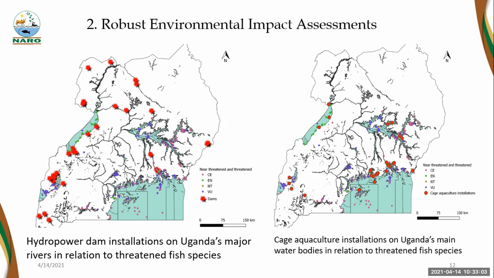So if there is any project, for instance, that is proposed along the major freshwater systems, we can easily guide the decision makers on how to proceed with regard to freshwater biodiversity. So this is now possible because of our intervention at NAFIRI, from GBIF and GRS funded projects.